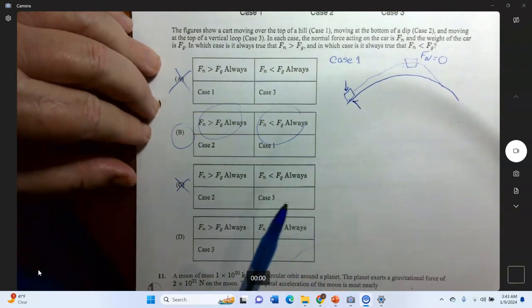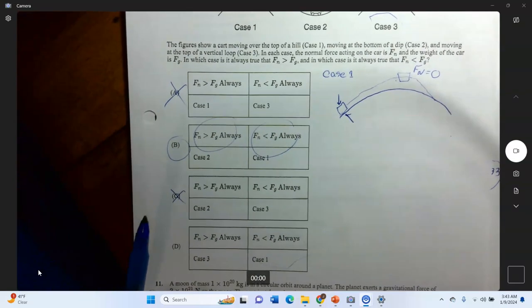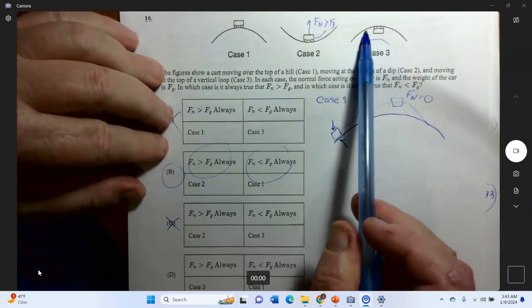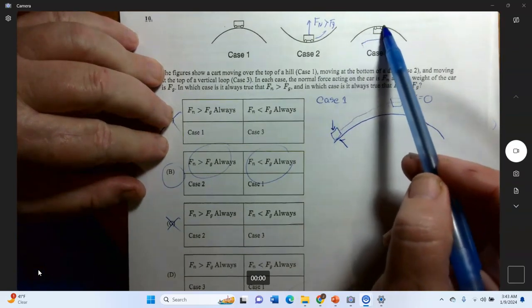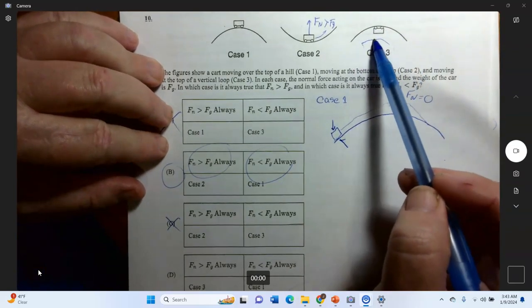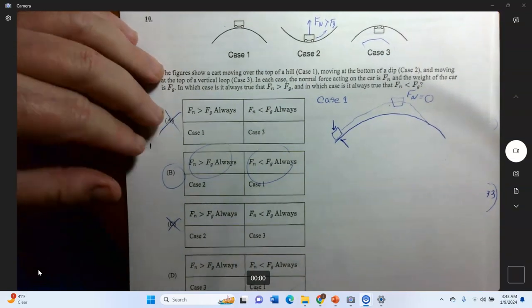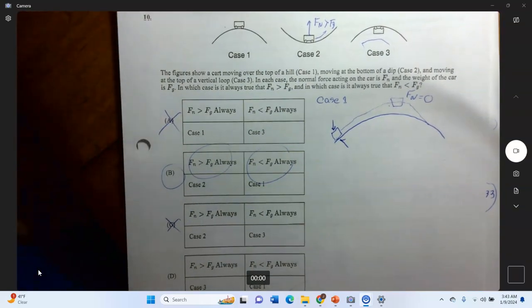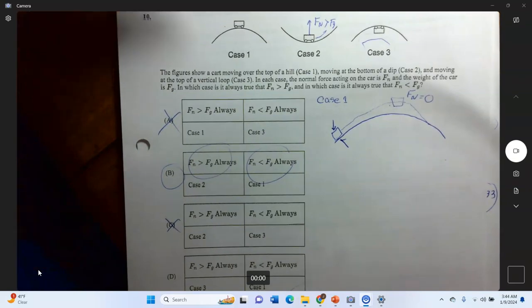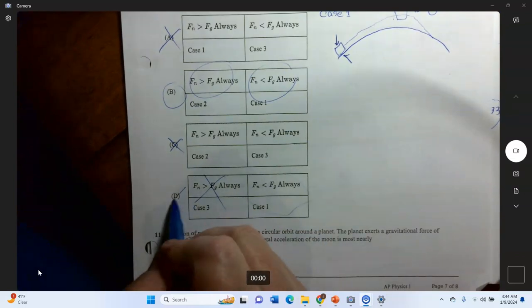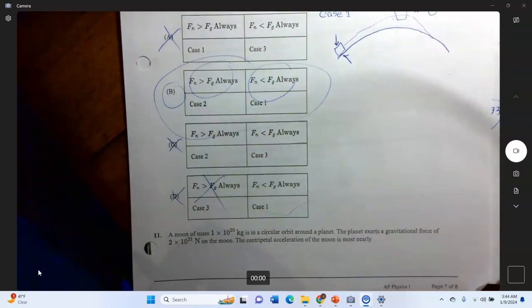So that's true. But no, it's not always true. Case 3 depends on the speed of the cart. Okay, if it's fast, it sticks to the track. If it's not fast, it doesn't stick to the track and it falls. So that could be either way, Fn greater than or Fn not greater than Fg. So this part of it is not true. So this is not true. So the answer is B to this one.